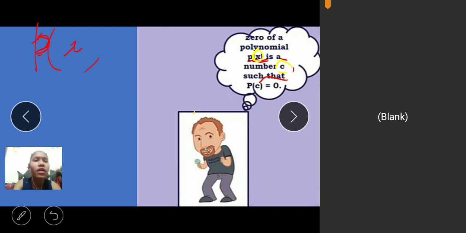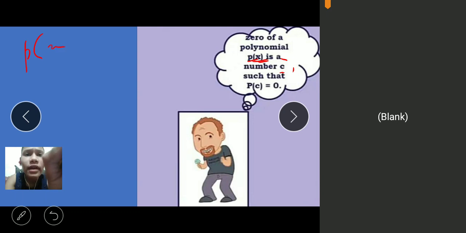Now if we say it as p(c), then p(x). So let's take an example. Let me say p(x) = x plus 3. If I say find a number by which you are getting 0, what will you write?